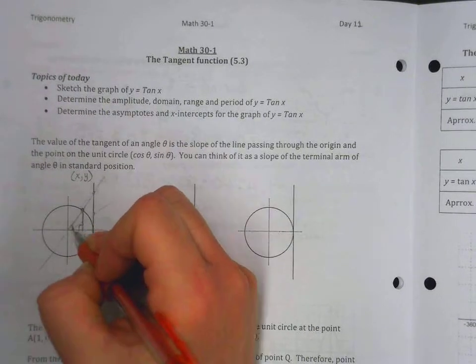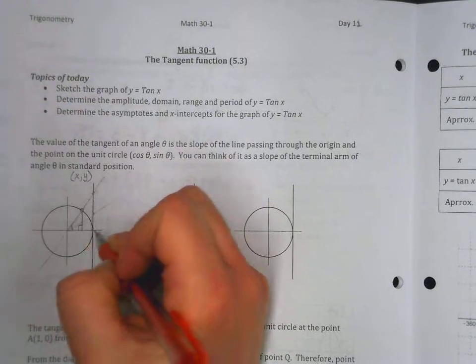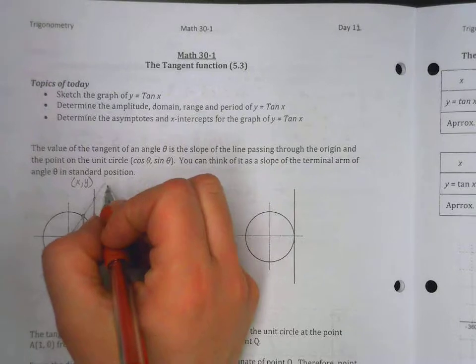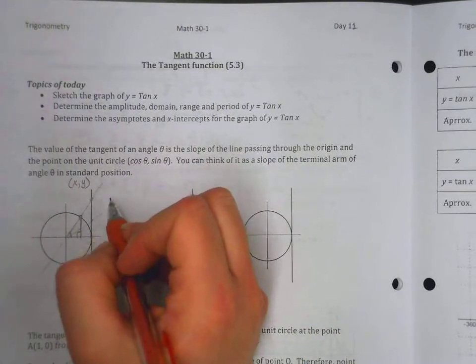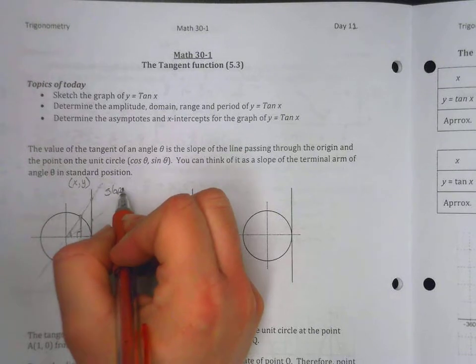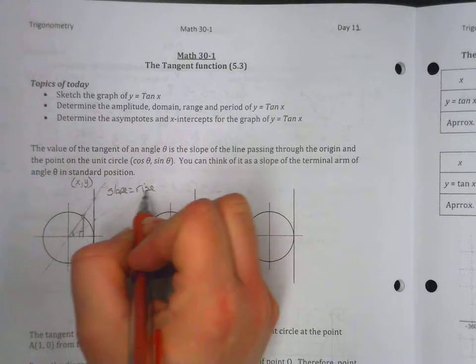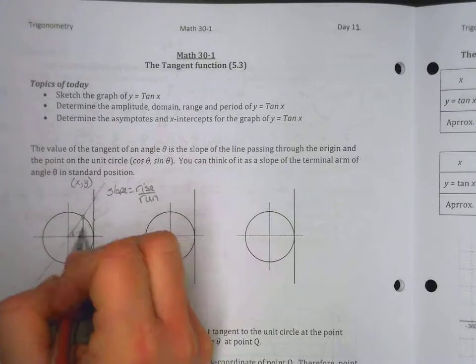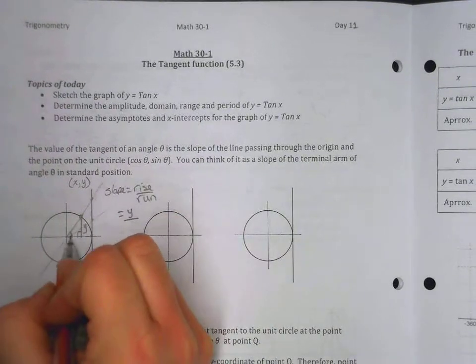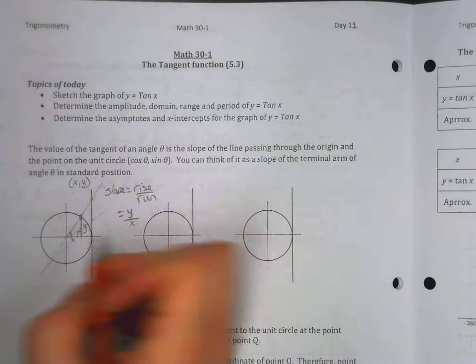So how do we find the slope of a line? Well, we think of slope as rise over run. In this case, our rise is our y value and our run is our x value. So the slope of this terminal arm would always be y over x.